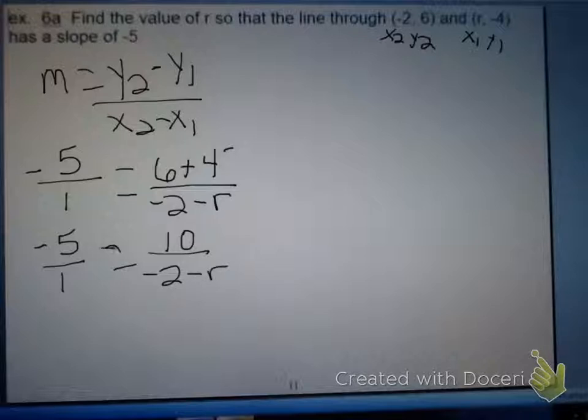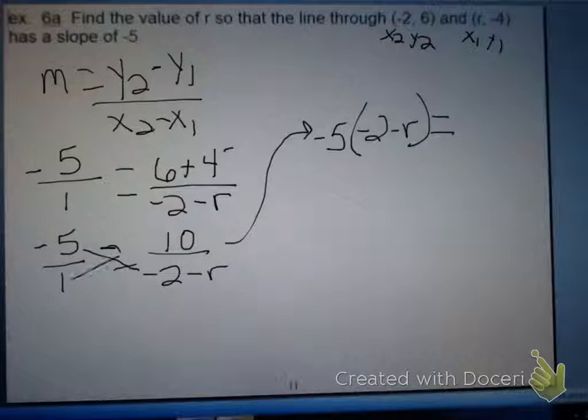I am going to cross multiply. Negative 5 times (negative 2 minus r) is equal to 1 times 10, which is 10. I'm going to do this over here because I'm running out of room. Do the distributive property, that's 10. Be careful about your negatives. Plus 5r is equal to 10.